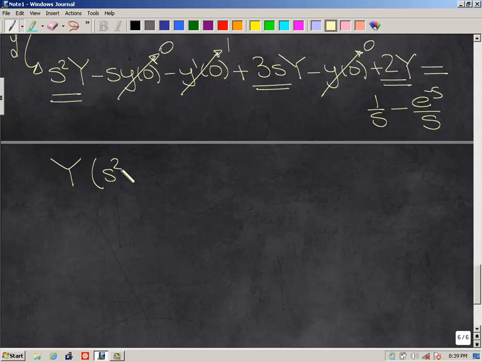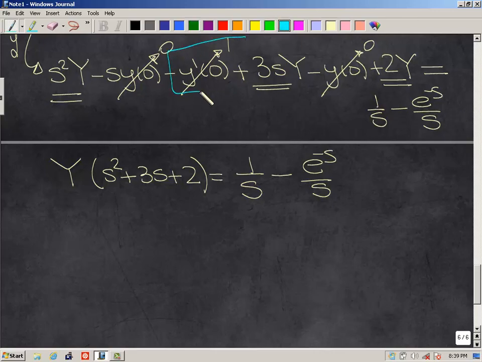So I'm left with s squared plus 3s plus 2 is equal to 1 over s minus e to the minus s over s. And then I'll move whatever is left to the right hand side. Remember, don't forget this. This is left here because this is 1. So you have negative 1 here. When I move it, it's going to become a positive 1.